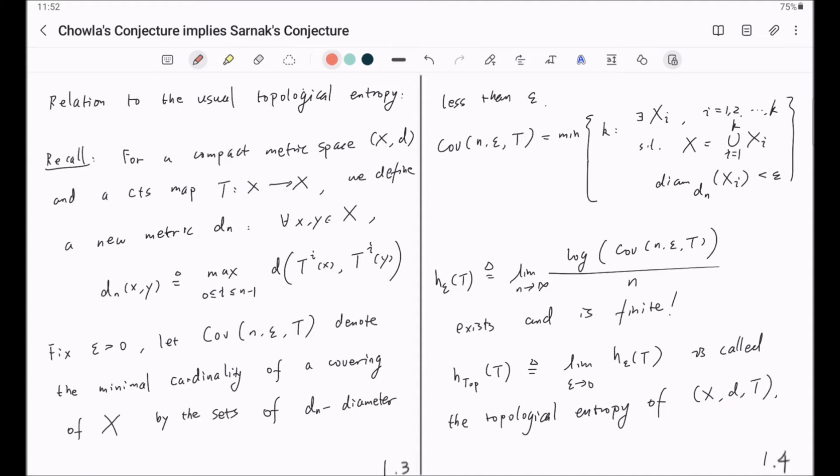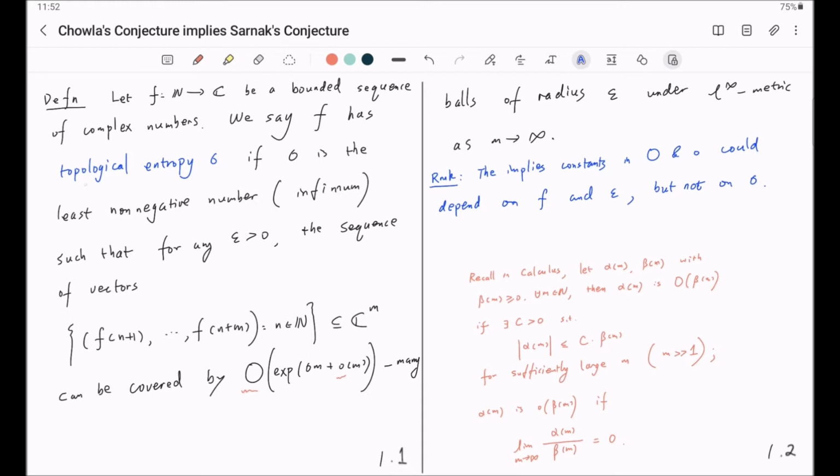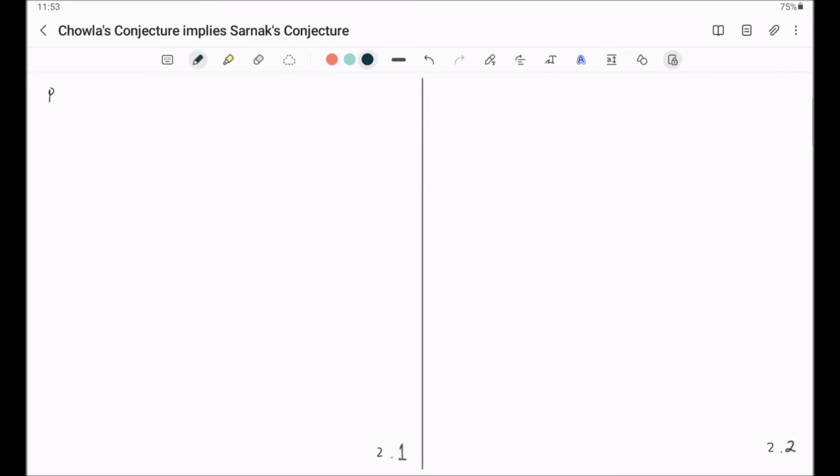So how is this notion of topological entropy of a dynamical system related to the topological entropy of a bounded sequence? Now let me tell you the relation. The relation is the following.